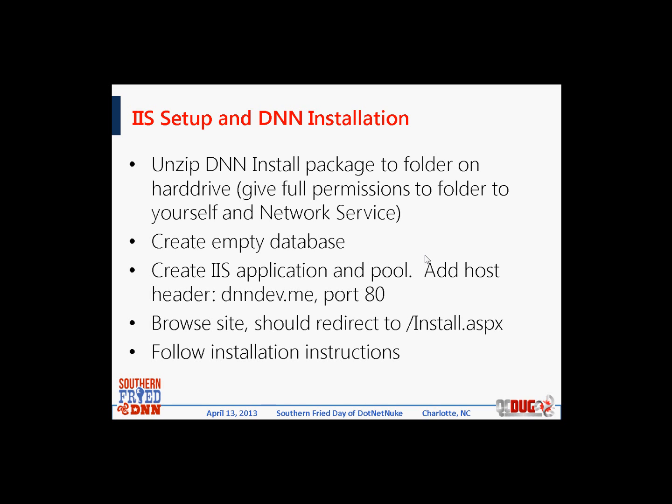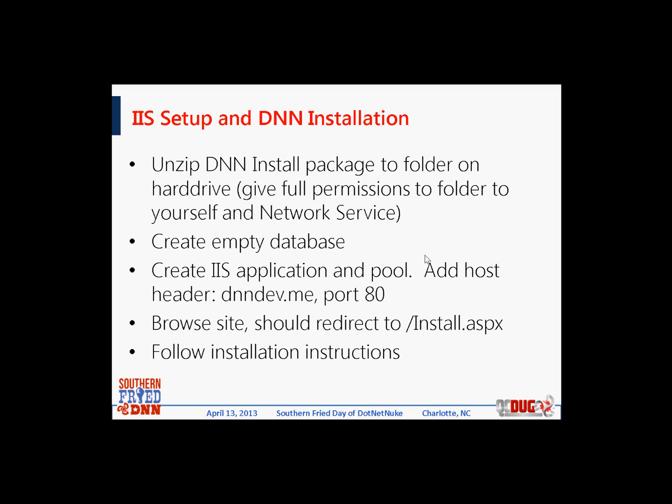But we're using IIS for a couple of reasons. Number one is it's already on the machine, and it's common to use IIS because if you're testing your module on more interesting portal setups like a child portal, you'll need IIS.